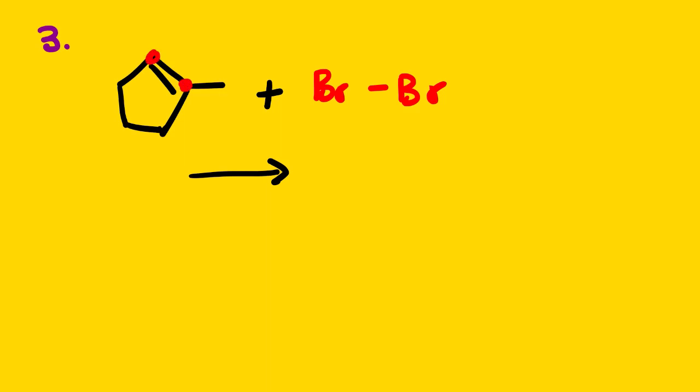So we have this carbon and this one. So it simply means that each carbon will take the bromine atom. Remember, this methyl was already there, so we simply put it and then we get rid of the double bond. So the first Br will come here, the second one will come here.